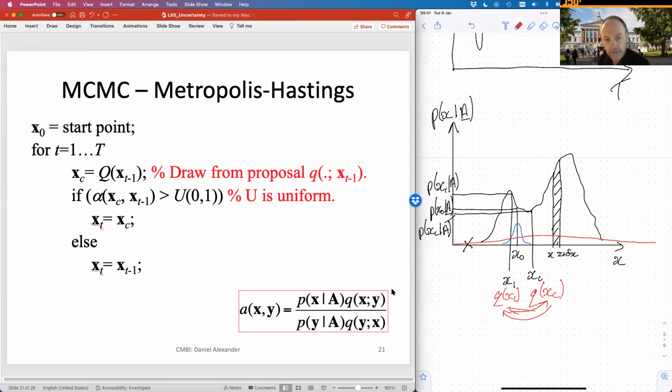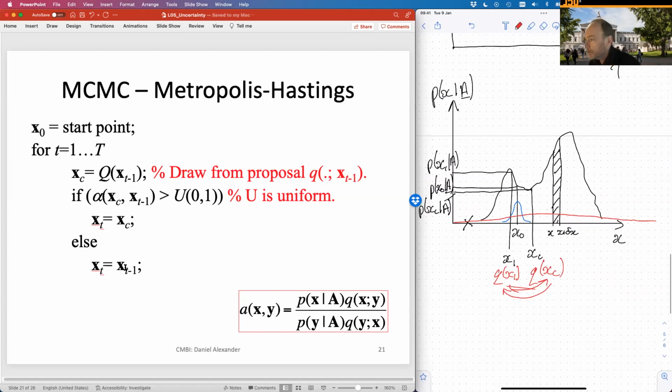And those two things are different. So that's one situation in which we would have to include the proposal likelihoods in this likelihood ratio. So when applying this algorithm, one of the things you have to think quite carefully about is: is that proposal distribution symmetric or not? And if it isn't, then you have to be careful to include that factor in here.